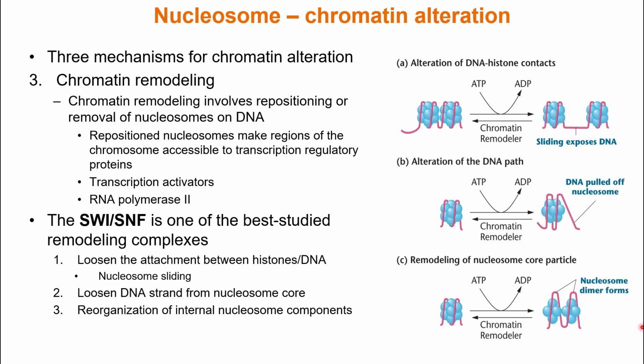You can see right here, this is an example of our SWI/SNF chromatin remodeler. We understand that protein pretty well. It utilizes energy, and one of three things happens, right?